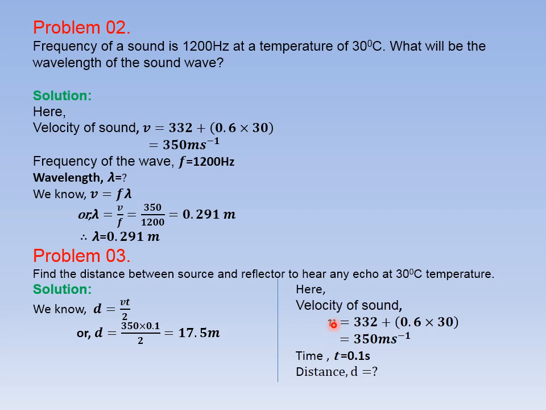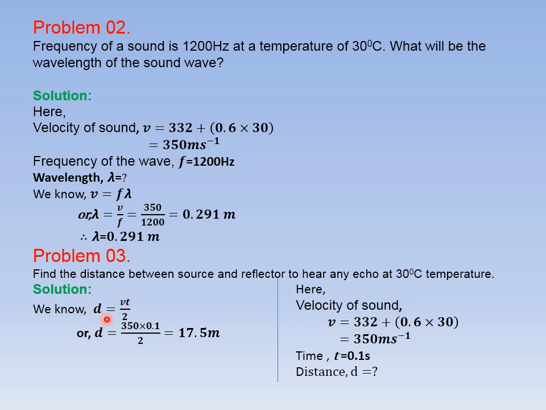The velocity of the sound at 30 degrees centigrade temperature is 332, or 330, plus 0.6 into 30, which is equal to 350 meter per second. And you have to calculate the distance between the source and reflector. There must be a distance between the source and reflector, and the minimum distance is 16.6 meter to hear an echo. We know that. So we will go with the equation d is equal to vt by 2.